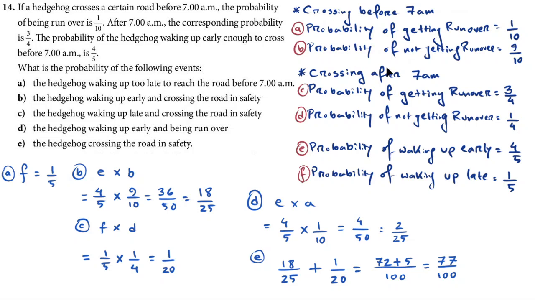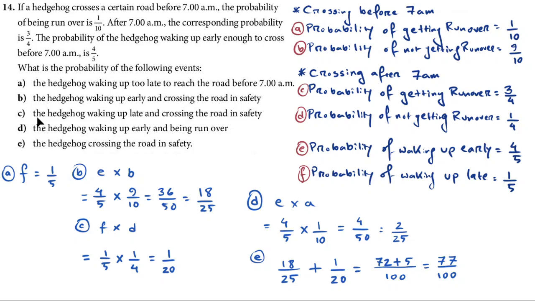So if he wakes up early, that means he's waking before 7 a.m. So probability should be of not getting run over, because it says crossing the road in safety. He won't get run over. So that will be E times B. E says probability of waking up early and probability of not getting run over. So E times B is 4 by 5 times 9 by 10. That gives you 18 by 25.